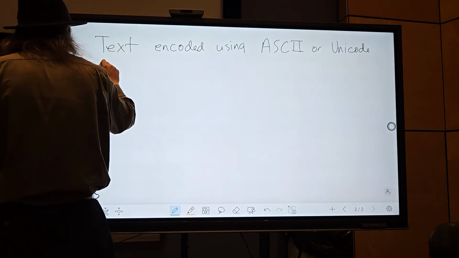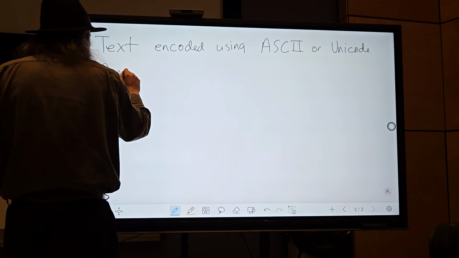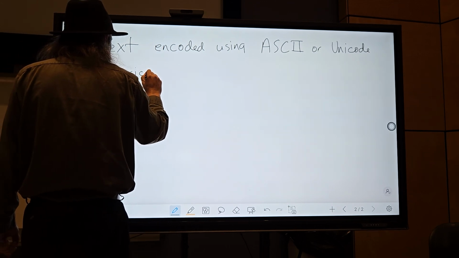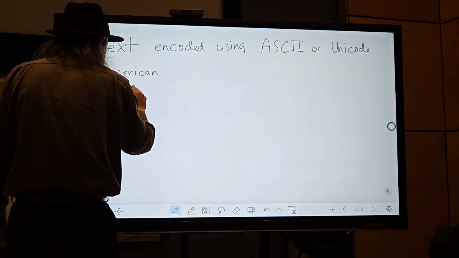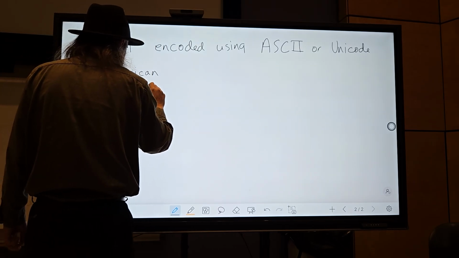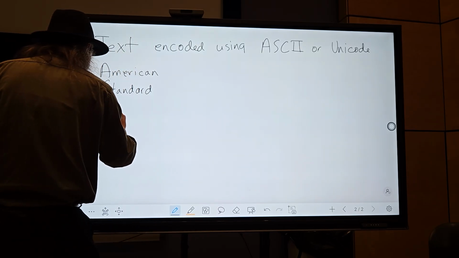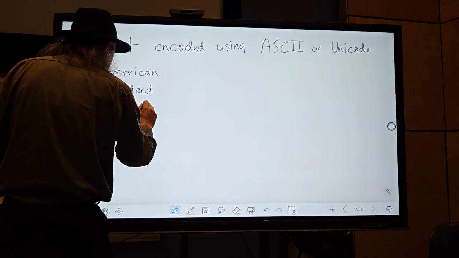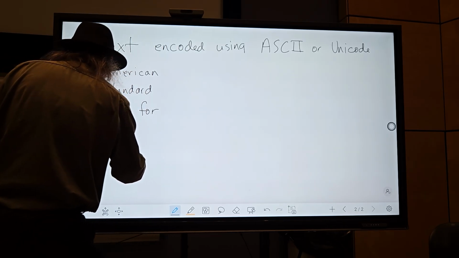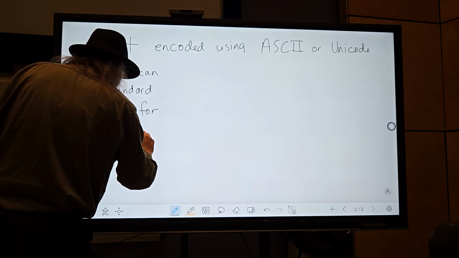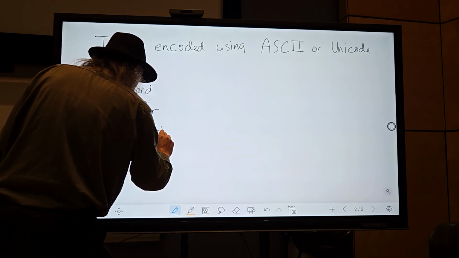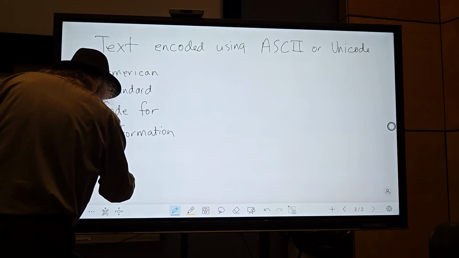ASCII stands for American Standard Code for Information Interchange.